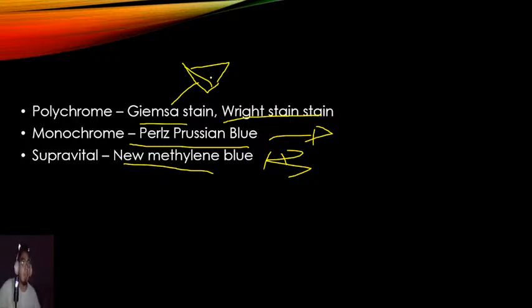And in one case, we've seen somebody with a filarial worm. Wright stain, we use it mainly for RBC morphology and WBC morphology studies. Okay, so polychrome stains and Wright stain. Now, in the books, both of them are of equal importance, and the only difference between the two will be discussed later. Pearl's Prussian blue.